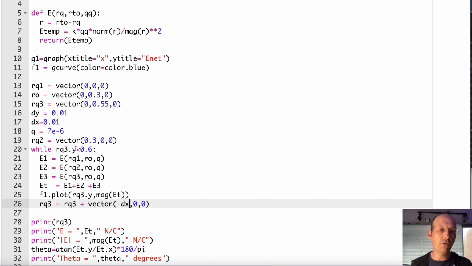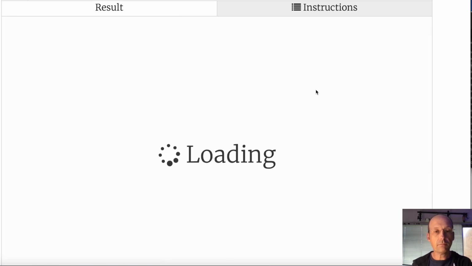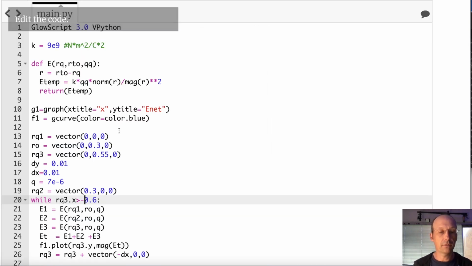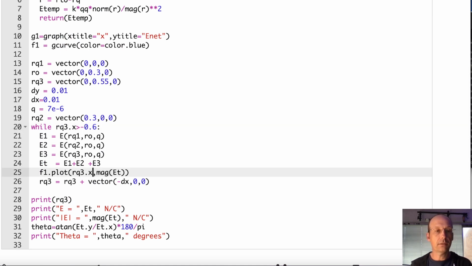Let's just see. And it's going to go from x to, while x is greater than negative 0.6. I don't know. I'm just trying that out. And that did not... Oh, I didn't change the plot. So I need to plot this versus x.